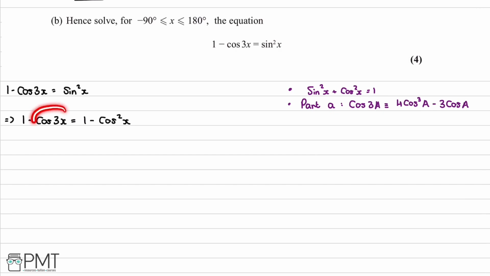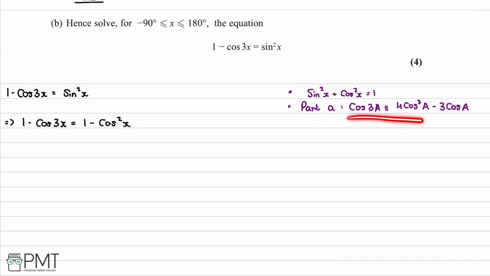So we also have that this cos 3x term, well, we can use what we did in part A. So we have that cos 3A is going to be equal to 4 cos cubed A minus 3 cos A. So this is exactly the same in this question, apart from we'll have x's instead of A's. So being careful with where we have our brackets because of this negative here, we're going to have 1 and then we subtract.